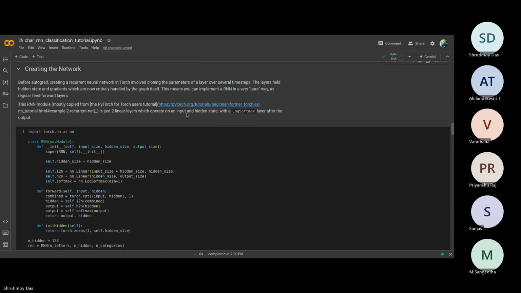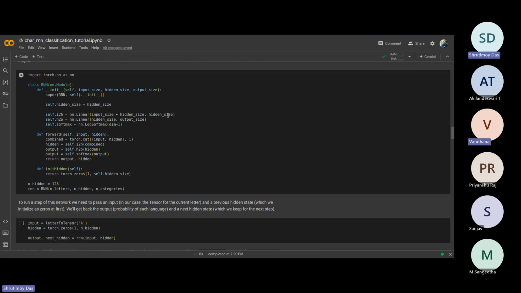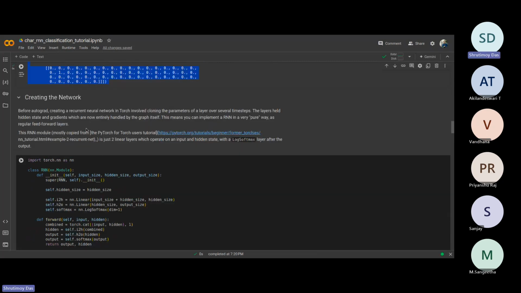A tensor is not necessarily three-dimensional. A matrix is two-dimensional, and anything greater than that is a tensor. So it can be three, four, five, and so on.